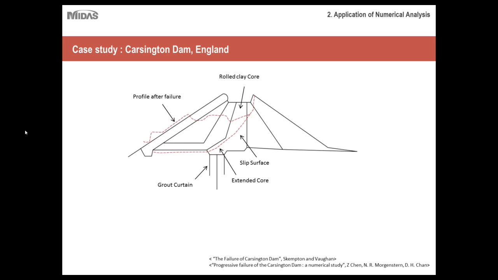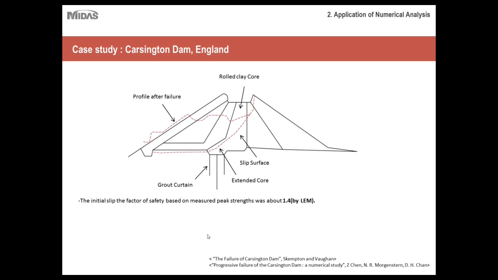Okay, so let's do a quick case study. This is an image of the Carsington Dam in England. The reason I'm discussing this particular case study is because it's a breakthrough project for finite element modeling. The Carsington Dam was analyzed in 1984, but it also failed that same year.